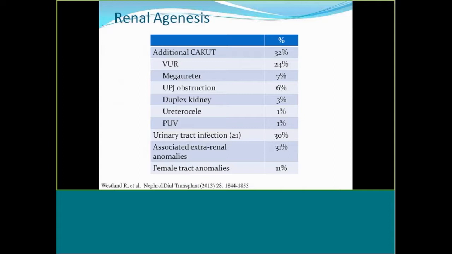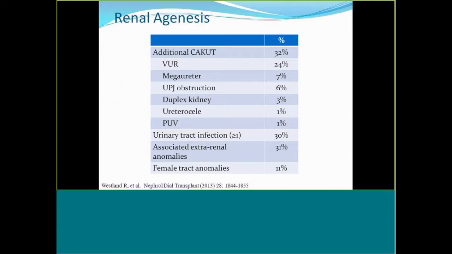Some of the abnormalities you can see on the contralateral side of that dysplastic kidney: the other kidney can have issues with vesicoureteral reflux, maybe ureter obstruction, could be a duplex kidney on that side, and I'll touch on some of these a little later.